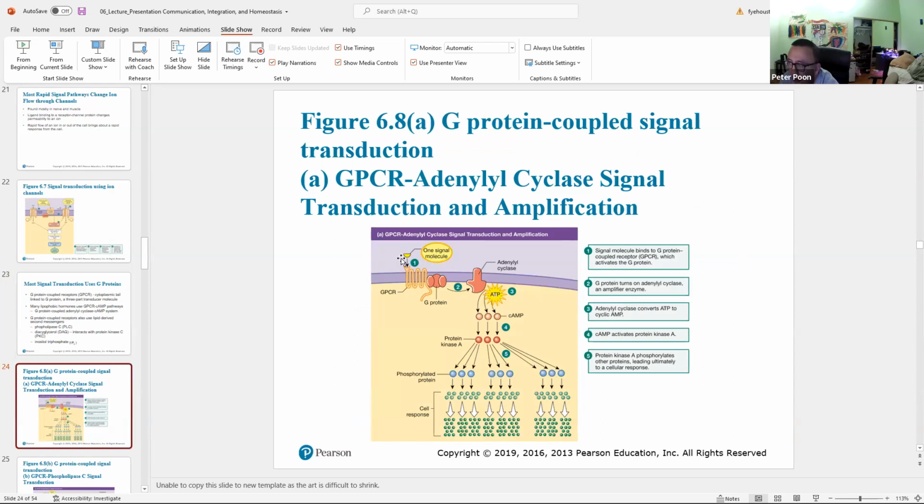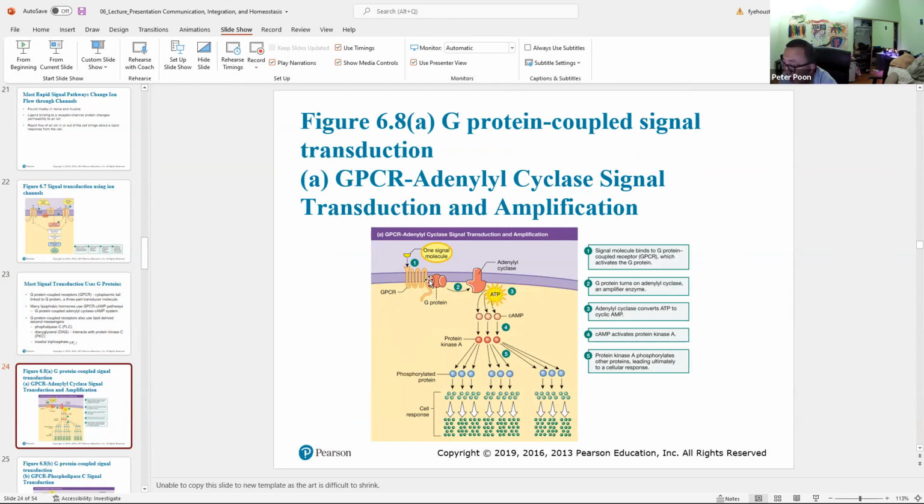So one single molecule binds right there, the G protein receptor. The receptor has to cross the bilayer, and it does. Just for your reference, it usually passes 7 times.